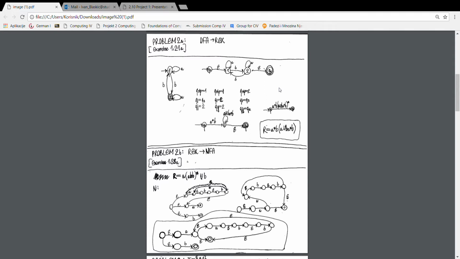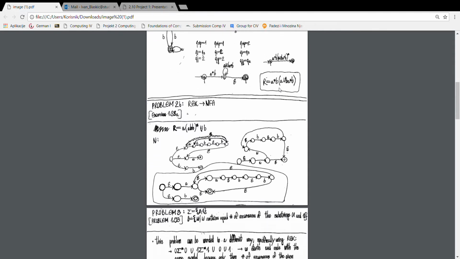We started from ABB and concatenated ABB together, then did the star operation on that concatenation, then concatenated that with A and took the union with B. It's not very complicated, but I wanted to bring it up because I was very proud to understand the story behind the scenes.